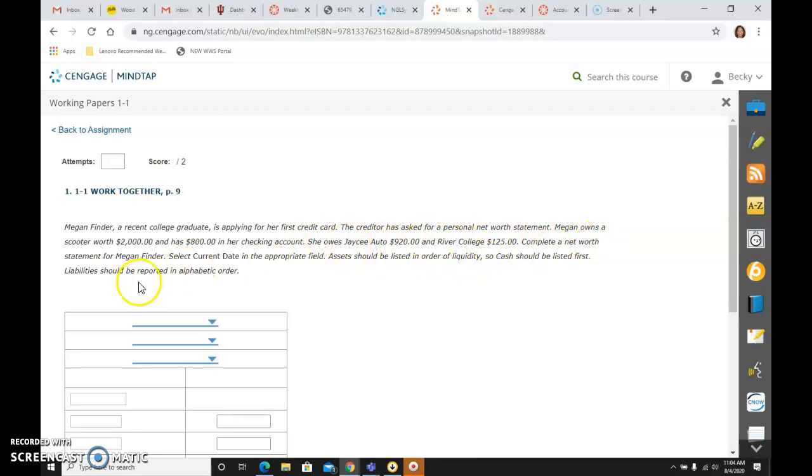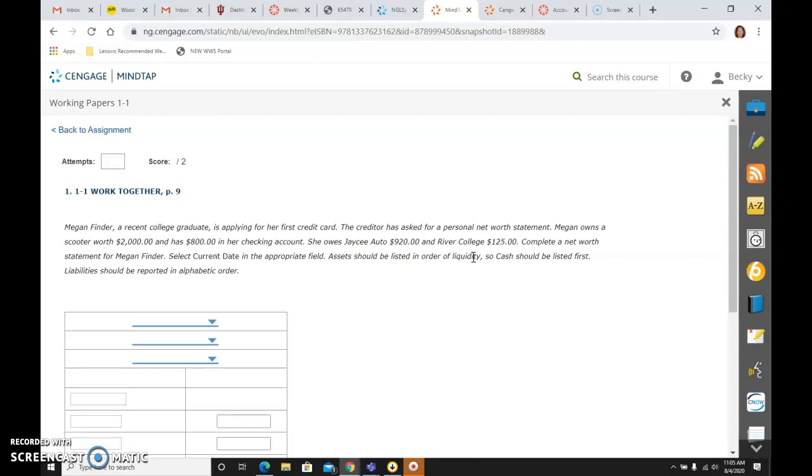It wants us to complete a net worth statement for Megan Finder, select the current date in the appropriate field, and then it says assets should be listed in order of liquidity. Liquidity means how quickly I can convert them to cash. Cash is the quickest thing to convert to cash because it's already cash.